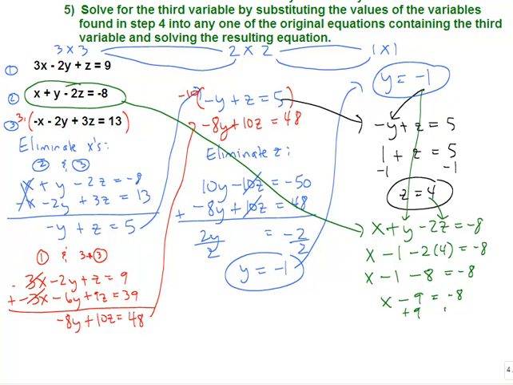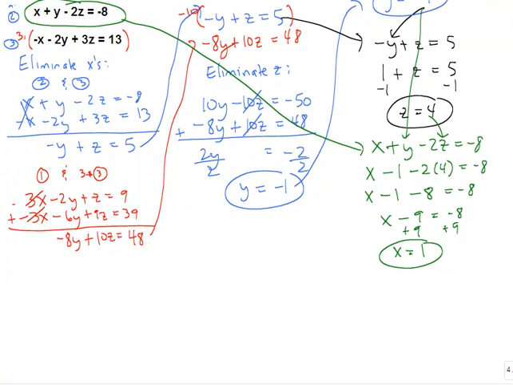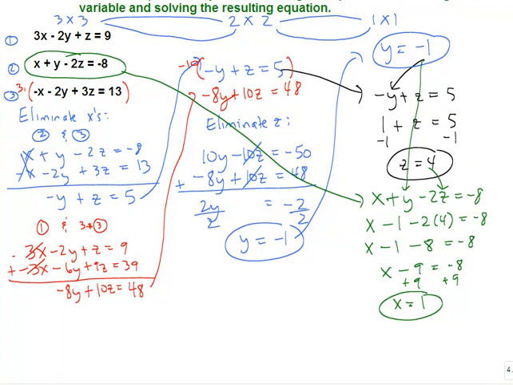And if I add 9 to the other side, negative 8 plus 9 is 1, so now we know x. So our final solution, instead of being an ordered pair, is going to be an ordered triple because I have x's, y's, and z's. You want to put x first, so x was 1, then y, which was negative 1, and then z. So my solution is 1, negative 1, 4.